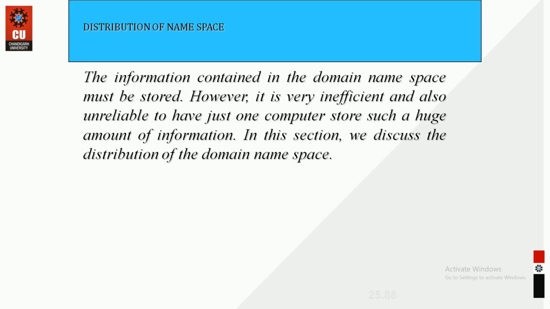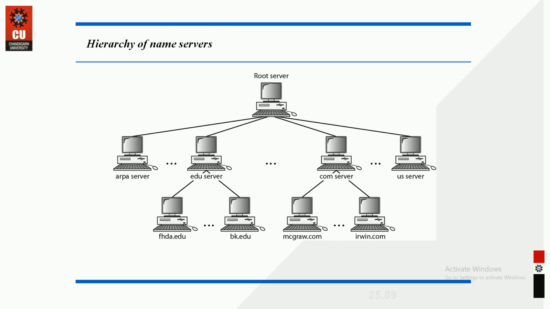So, distribution of the namespace: the information contained in the domain namespace must be stored. It is very inefficient and also unreliable to have just one computer store it. Obviously this whole information is not going to be stored on one computer. It is distributed among a number of servers, right?